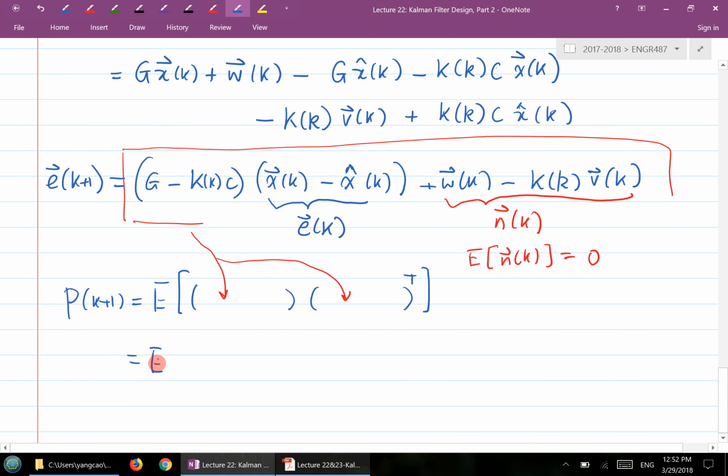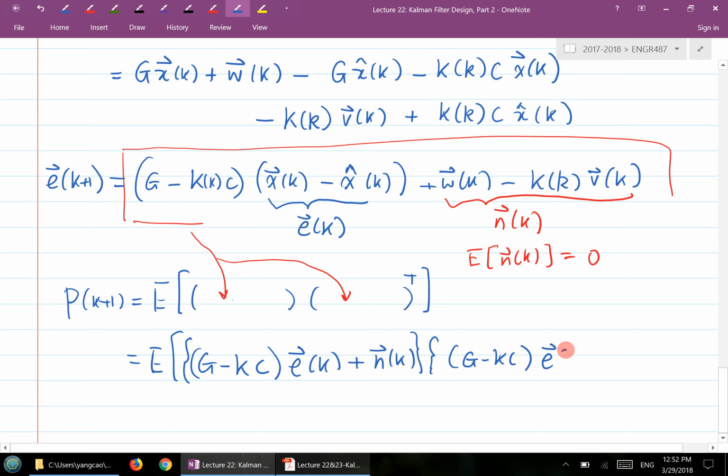Basically, E equals this, and if I substitute over here and over here, I'll temporarily skip writing the steps for the small k, so we'll just write G minus KC. And then this is E of k here, plus N of k. That's one term, and the other term is G minus KC E of k plus N k, transpose.